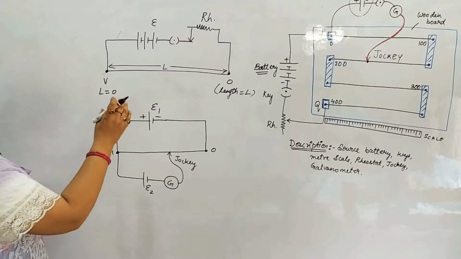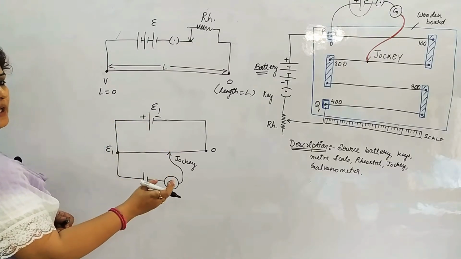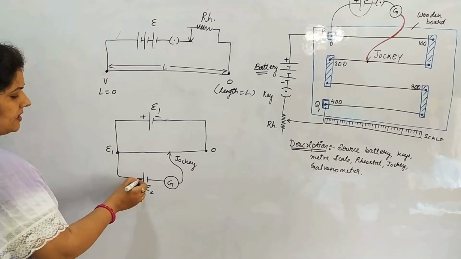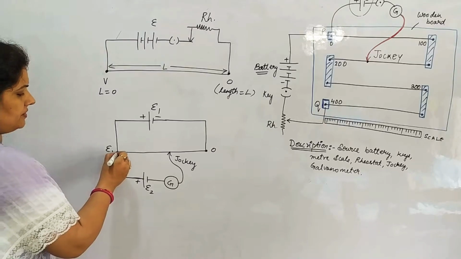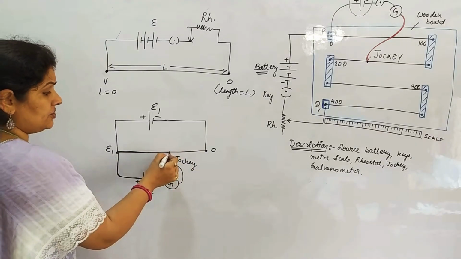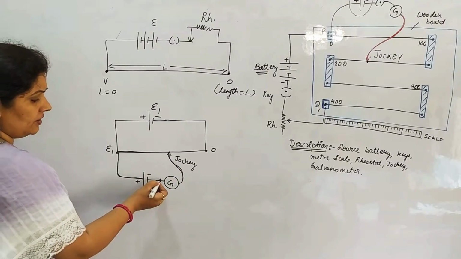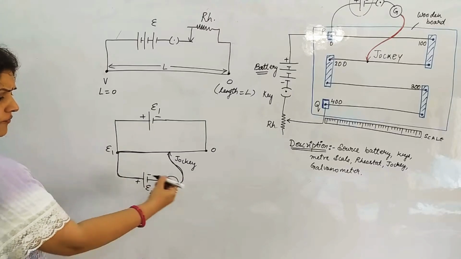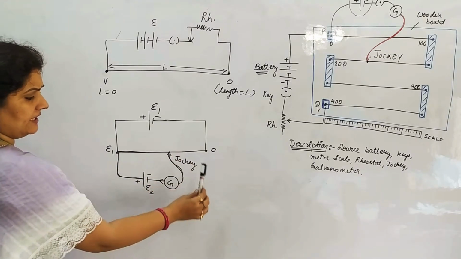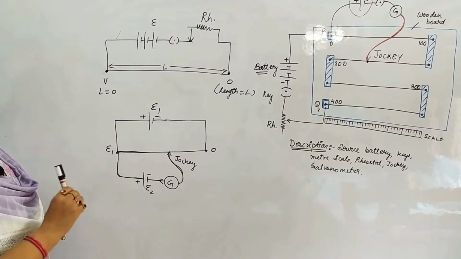So cell E1 is also sending current in the circuit, cell E2 is also sending current in the circuit. For example, cell E2 sends the current like this, this is positive, and because the jockey has a metal contact, the current will not go further, it will come through this way towards negative. So this is the direction of current. So the moment current flows in this direction, the galvanometer needle shows deflection towards the left side, right?